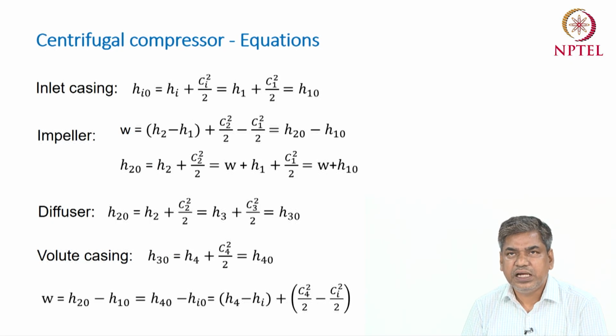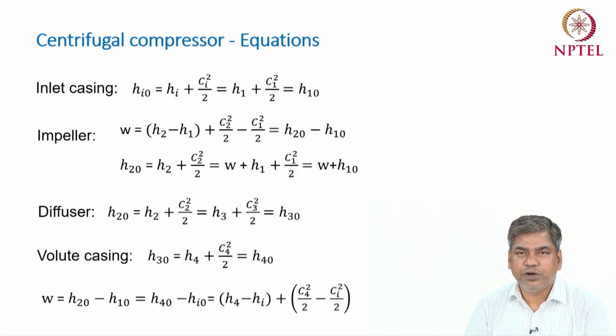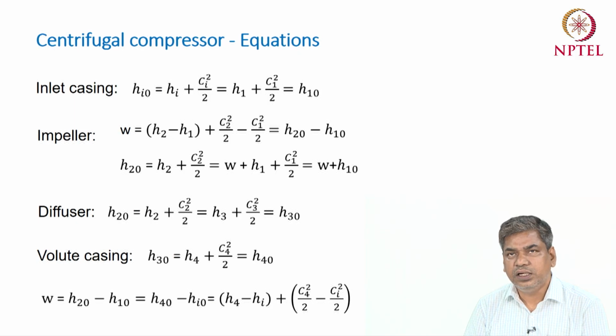For the cycle analysis of the vapor compression cycle, we have already assumed that the kinetic energy change inside the compressor is neglected. That's why we have already written the work input to the compressor as equal to the enthalpy change during the process. So the only W we can retain is H4 minus Hi.